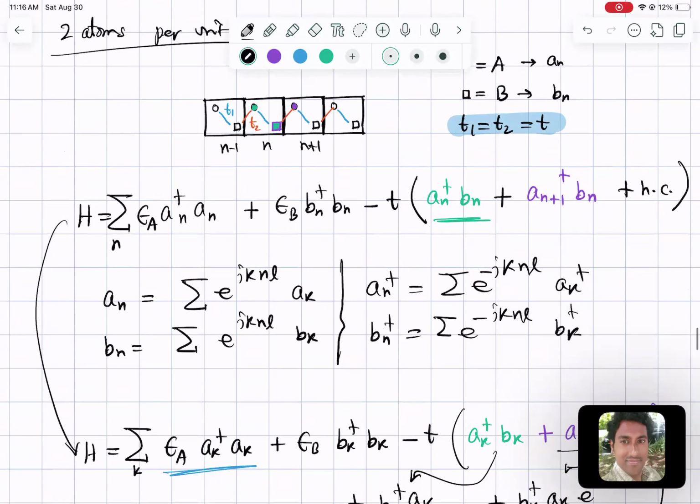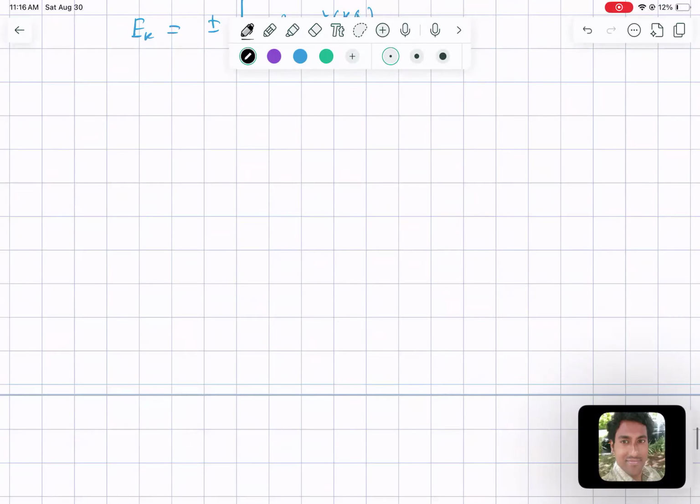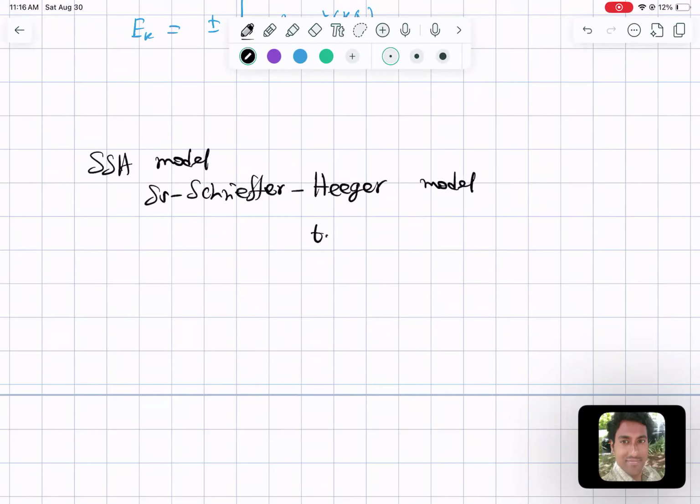So instead of putting T for both interactions, we put T1 and T2, and the Hamiltonian is called the SSH model, Su-Schrieffer-Heeger model, I don't know how to pronounce that. And here T1 is not equal to T2.